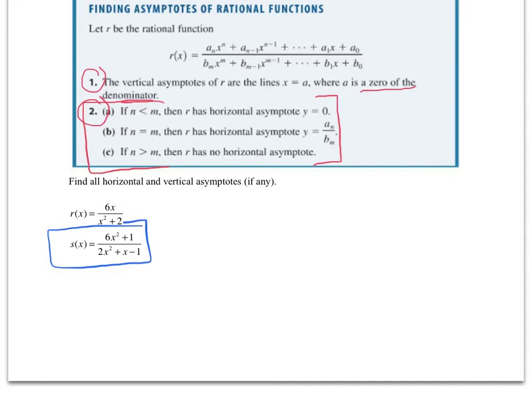So first let's look at horizontal asymptotes. I guess all we're supposed to look at is horizontal and vertical asymptotes here, not going through graphing every bit of it. So let's just save some time and just do what we're instructed to do. Horizontal asymptotes, remember, are related to end behavior. So you want to think of a horizontal line and you want to think of x going to plus or minus infinity.